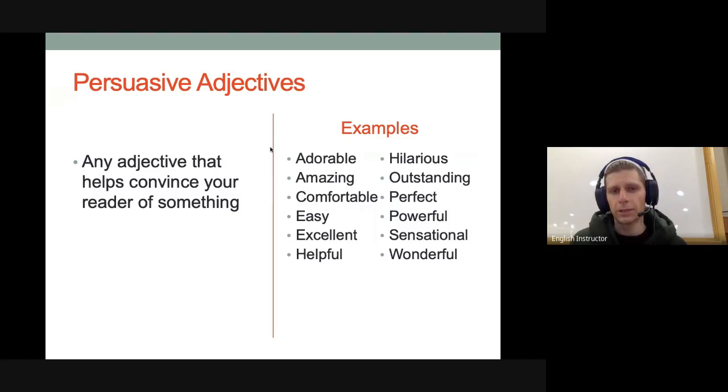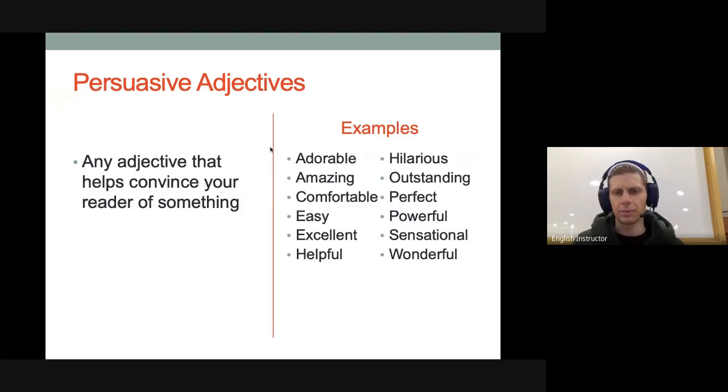And so the idea of using persuasive adjectives is that you're going beyond just the simple, right? So we're not saying something is good or bad. It's not very persuasive. It has a very base meaning. Everyone's like, oh, it's just good. Okay. It's okay.